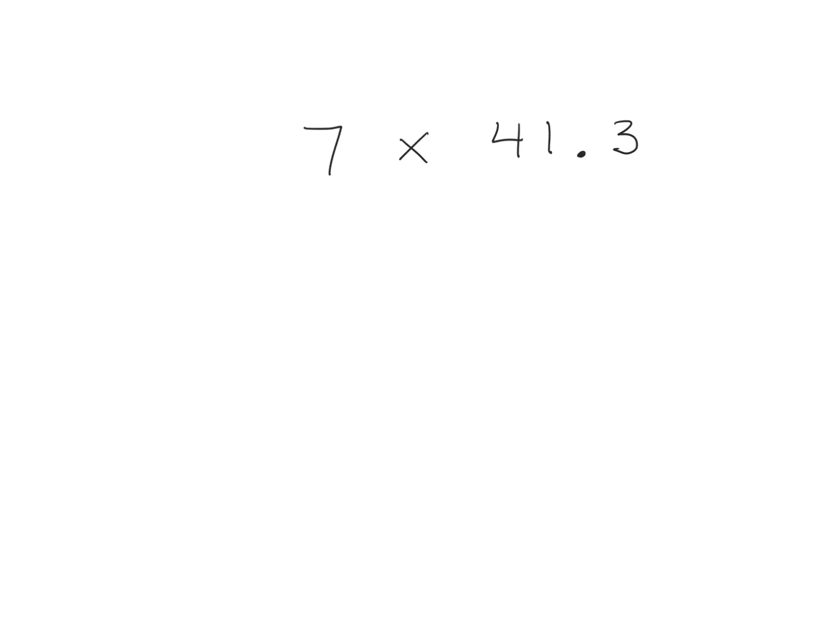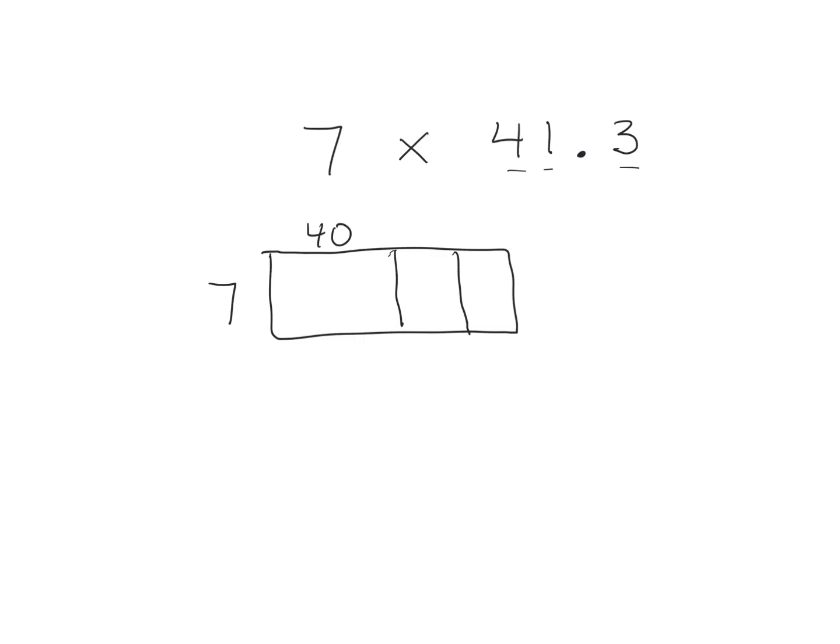One more. So area model again. I have 3 numbers here, so I'm going to break it up into 3 sections. This is going to be 40. This is going to be 1, and this is going to be 3/10. 7 times 40 is 280. 7 times 1 is 7.